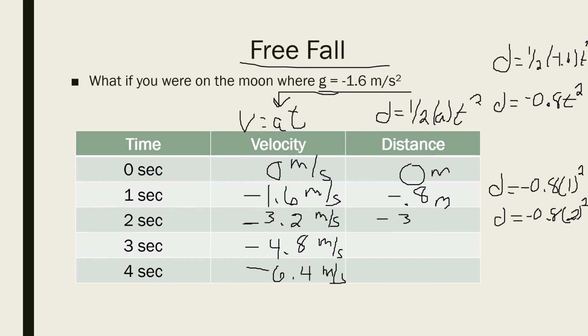I can't fix that. That's all we're doing here, folks. Where did that come from? I just kept adding the times into that equation. When you do these charts, the only thing you change is the time.